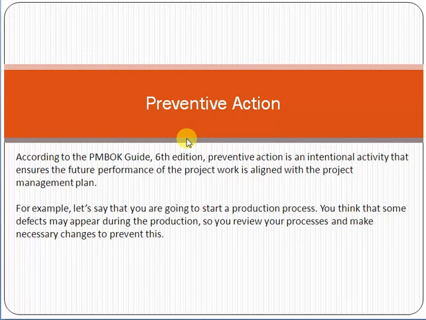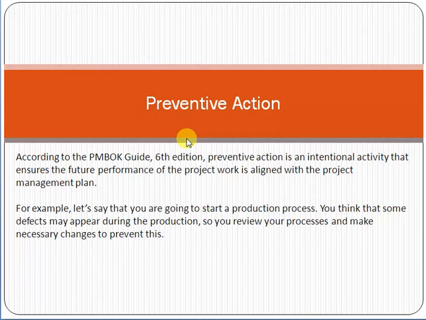Another example I can give you here: let's say that you are going to start a production process. You think that some defects may appear during the production, so you review your process and make necessary changes to prevent this. For example, your friend who has already done a similar type of production process told you that some defects may appear, or by using your own prior experience, you know that such type of defects may occur in the production process.